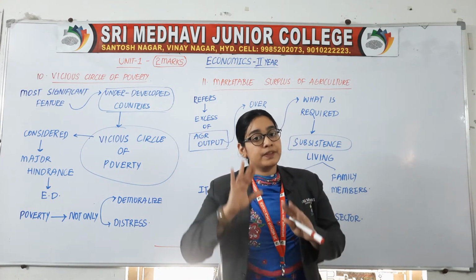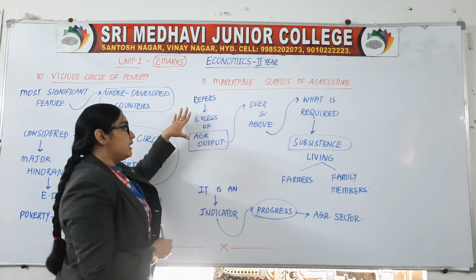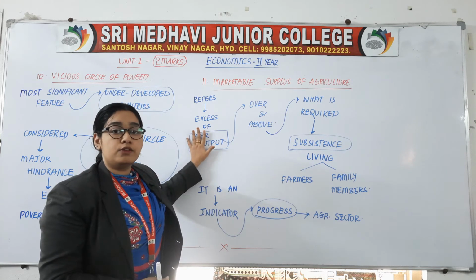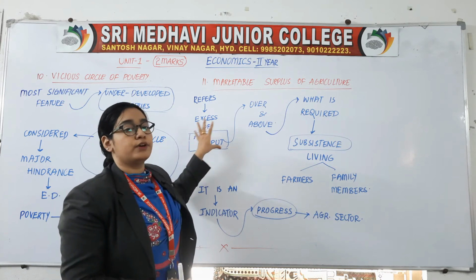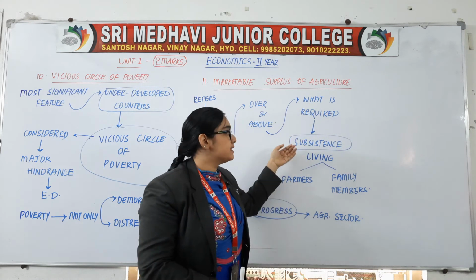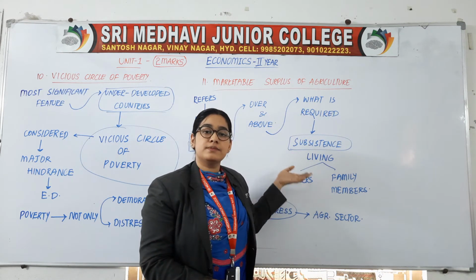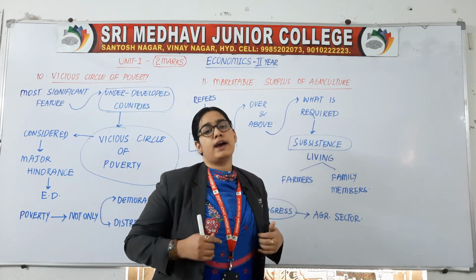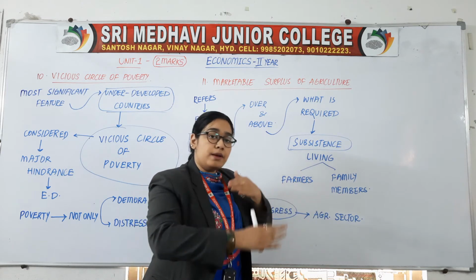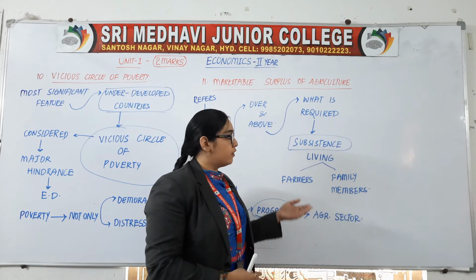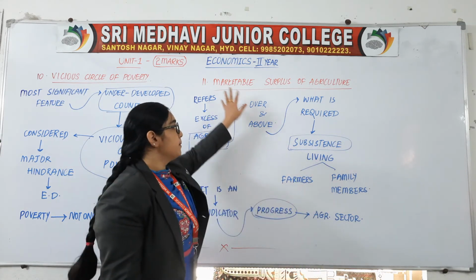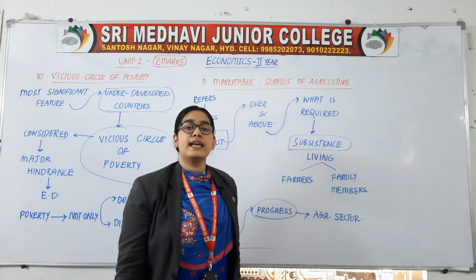Is that clear? In the same way, whatever the excess of agricultural output, which output? Agricultural output over and above what is required for subsistence living. Subsistence means the minimum you require for living. If that much is there and more than that is there for both the farmers and family members, that is termed as marketable surplus of agriculture.